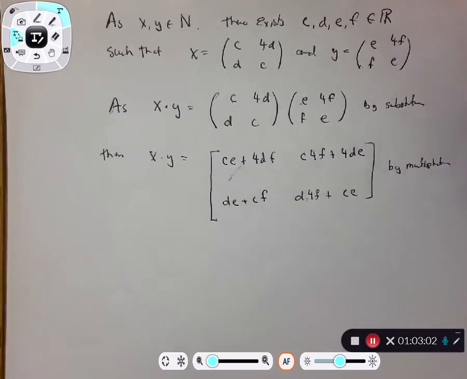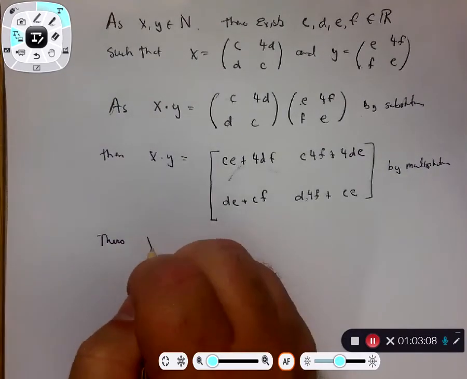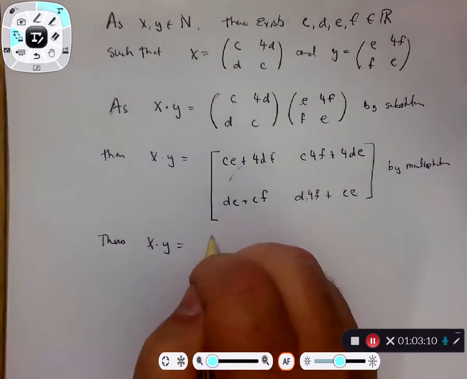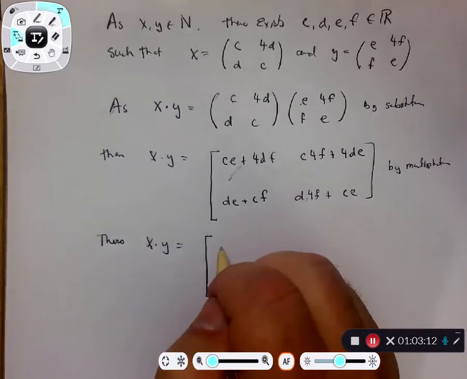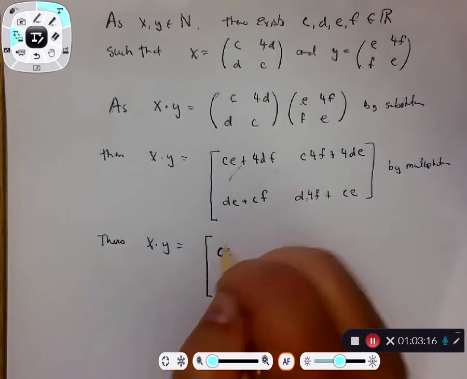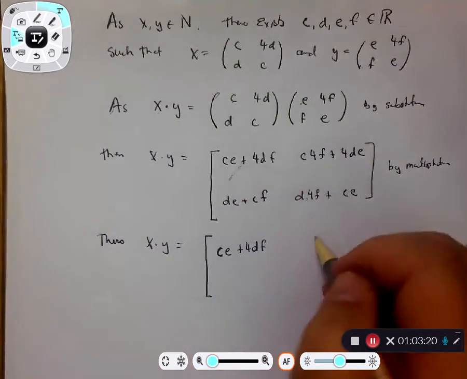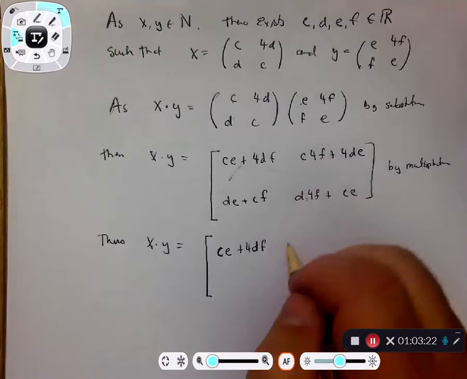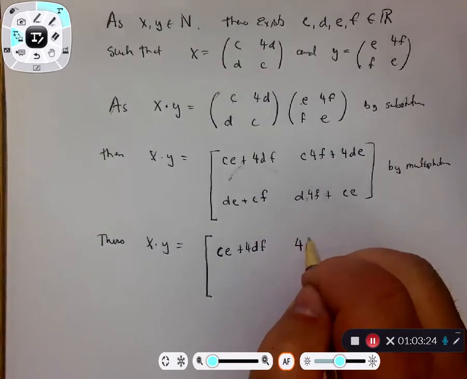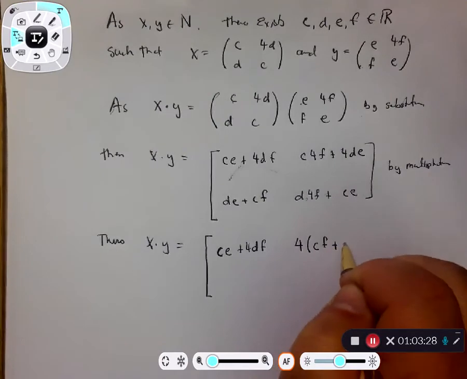So, let's take a look at this structure. Thus, x times y is equal to CE, I'll use this structure, plus 4DF. Over here, I got a 4 in common, I can factor it out. It'll be 4 times CF plus DE.